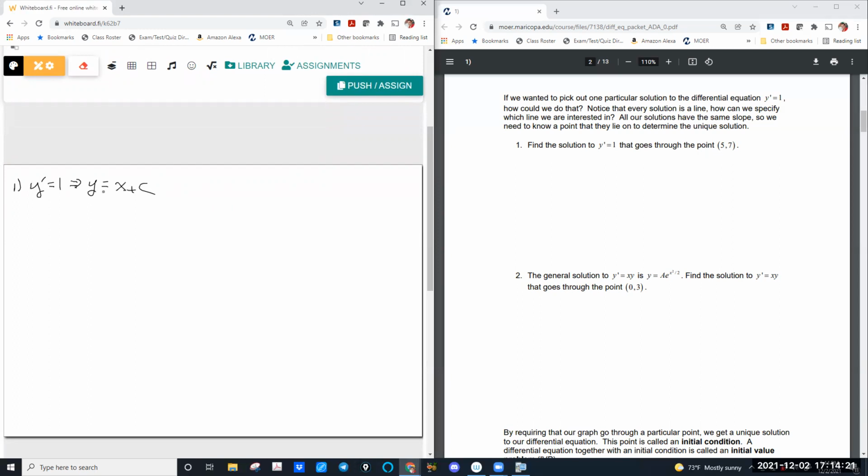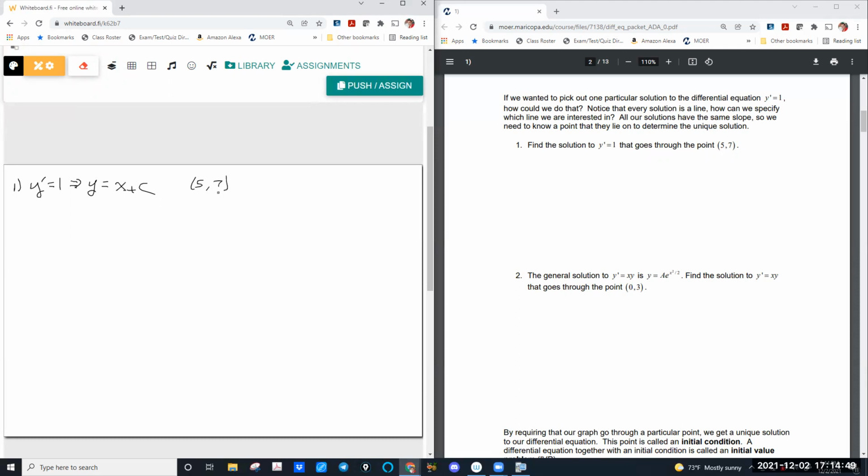This is what we call a general solution because it's a family of functions: for every value of c, we get a different function, but they all share the same slope. Now, to find the unique solution, we need what's called an initial value problem. Well, we're told that this thing has to go through the point (5, 7).